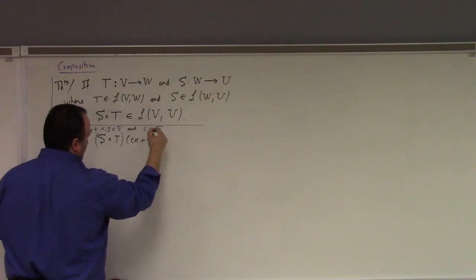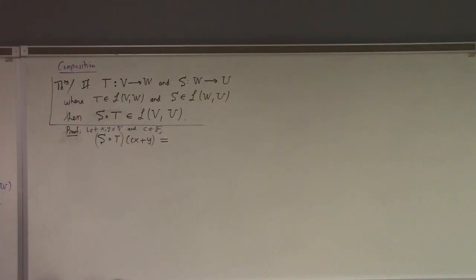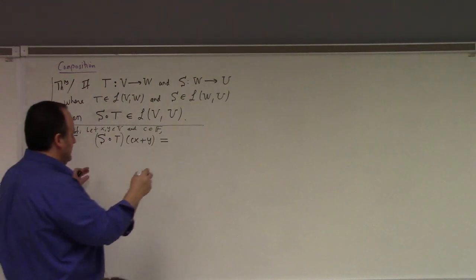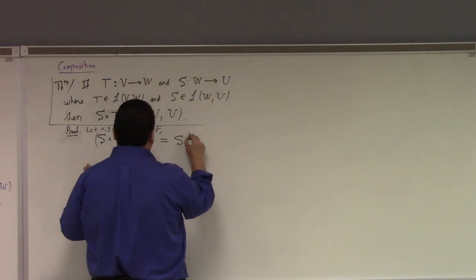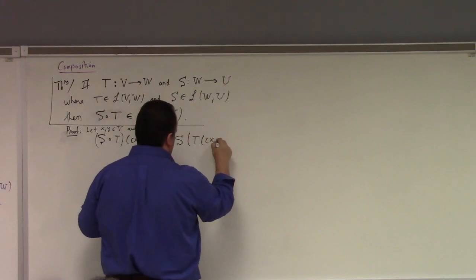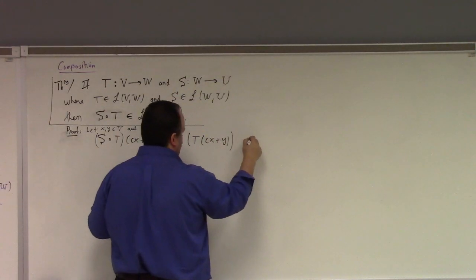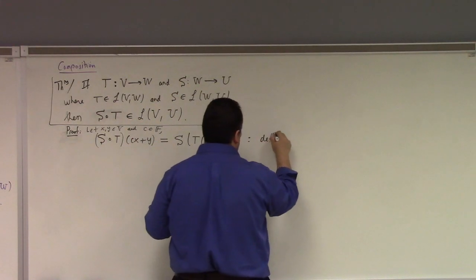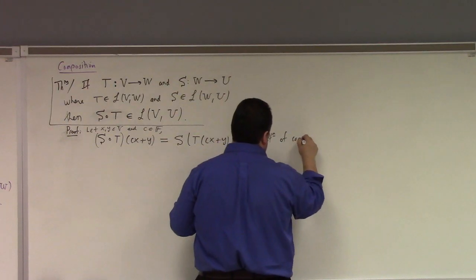All right, that's the preamble here. Okay, great. Definition of composite says that this is S of T of Cx plus Y. Definition of composite.